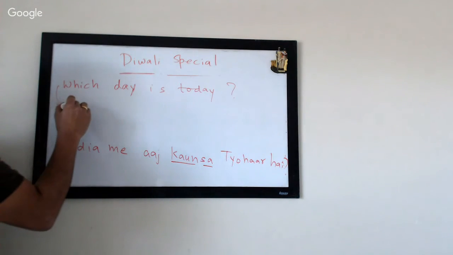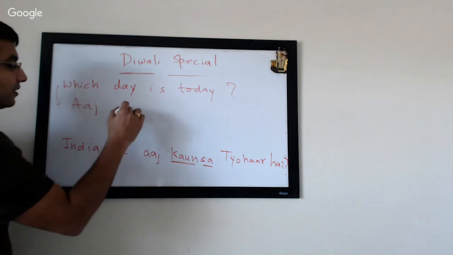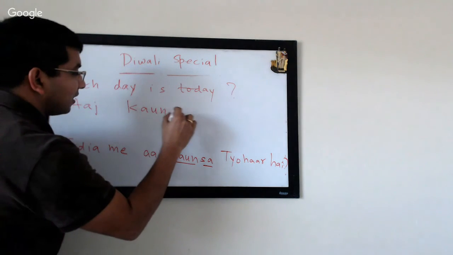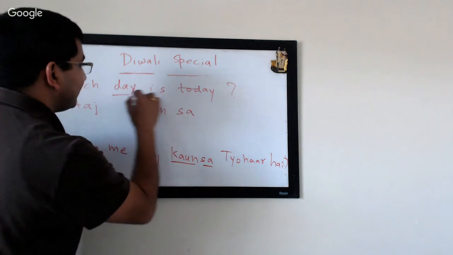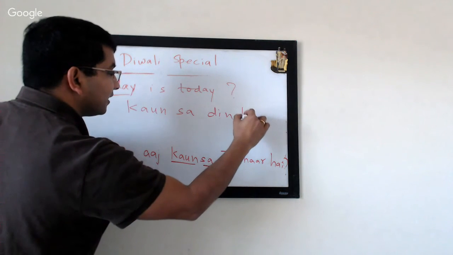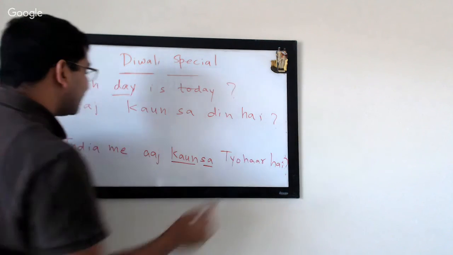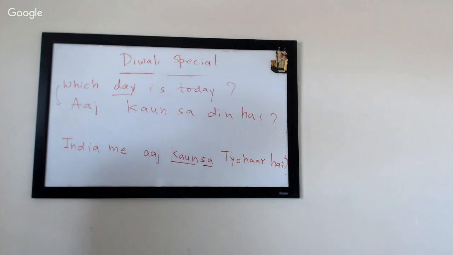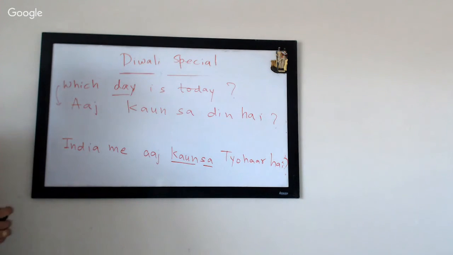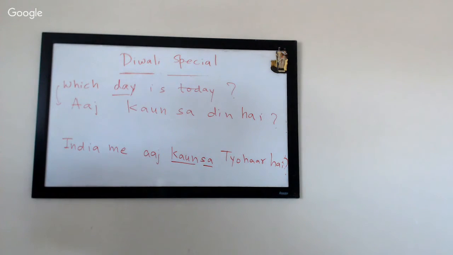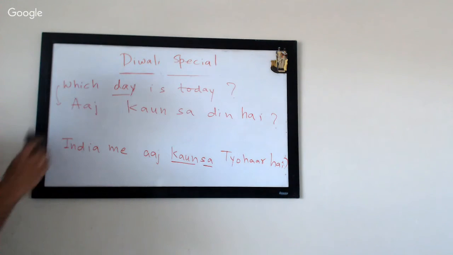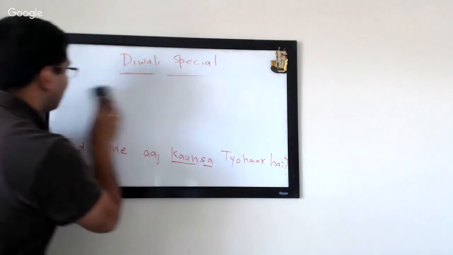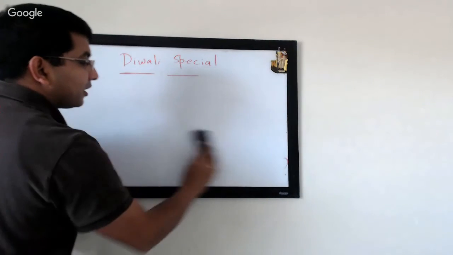It will be आज कौन सा दिन है? The answer would be आज मंगलवार है, like आज Tuesday है. So that's कौन सा. We'll do two more examples, कौन सी and then कौन से, and that will conclude all the common interrogatives that you'll be coming across.